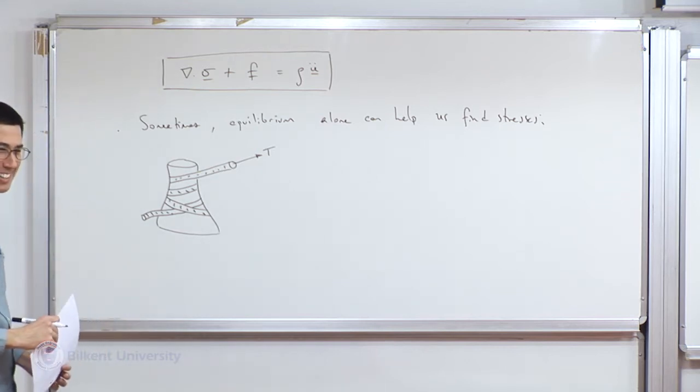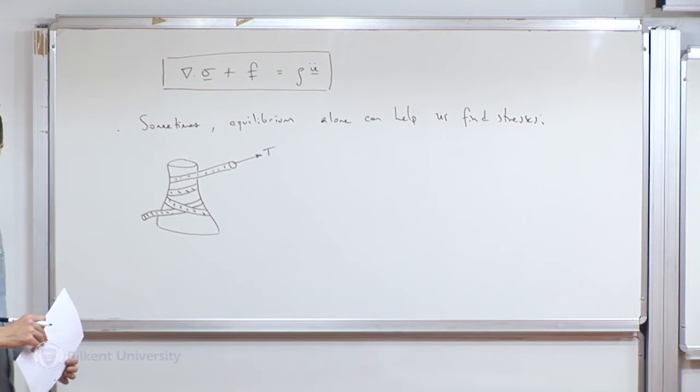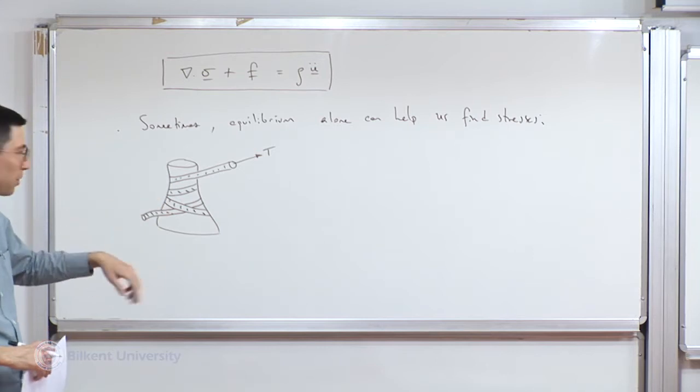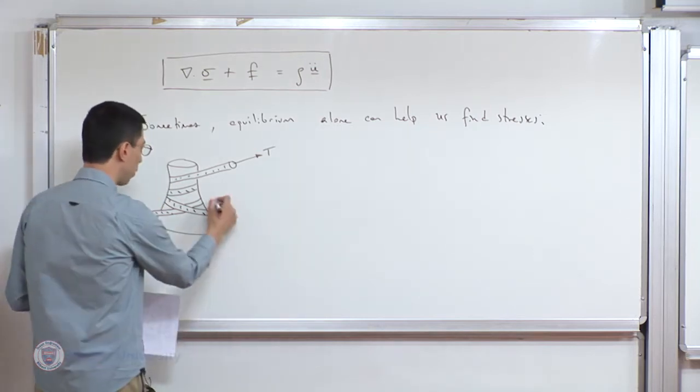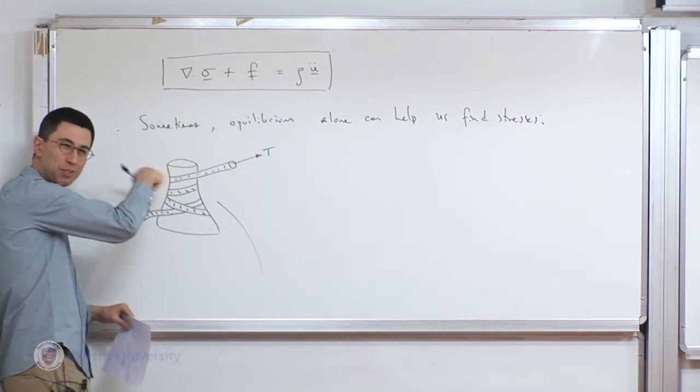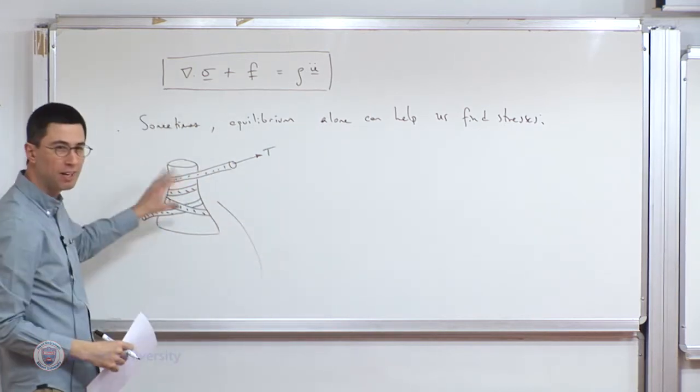Does it look like anything? Maybe. For instance, if you have a boat, not many people do, but you can tie your boat. This could be on the shore, right? Your boat could be here, and you could tie it with a rope. So this is called mooring, okay?